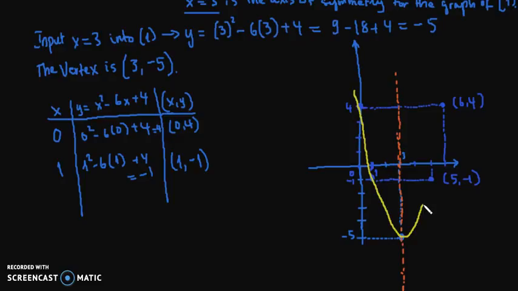Just a little bit missing here. Anyway, this is the parabola of the function y equal to x squared minus 6x plus 4.